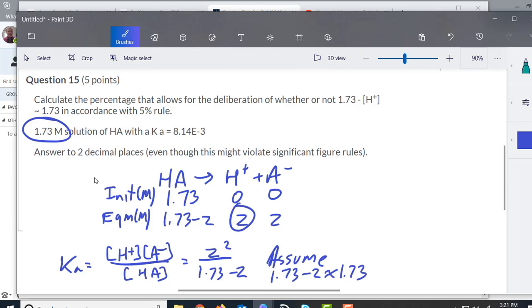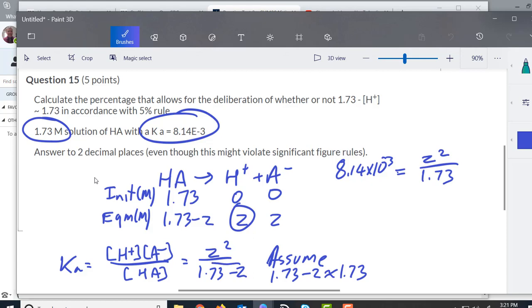So then what we do is we continue with the problem here and we substitute in our Ka and we solve for Z. The Ka is given to us here, 8.14 times 10 to the negative 3 equals Z squared over 1.73, because we've made this assumption here that equals 1.73.